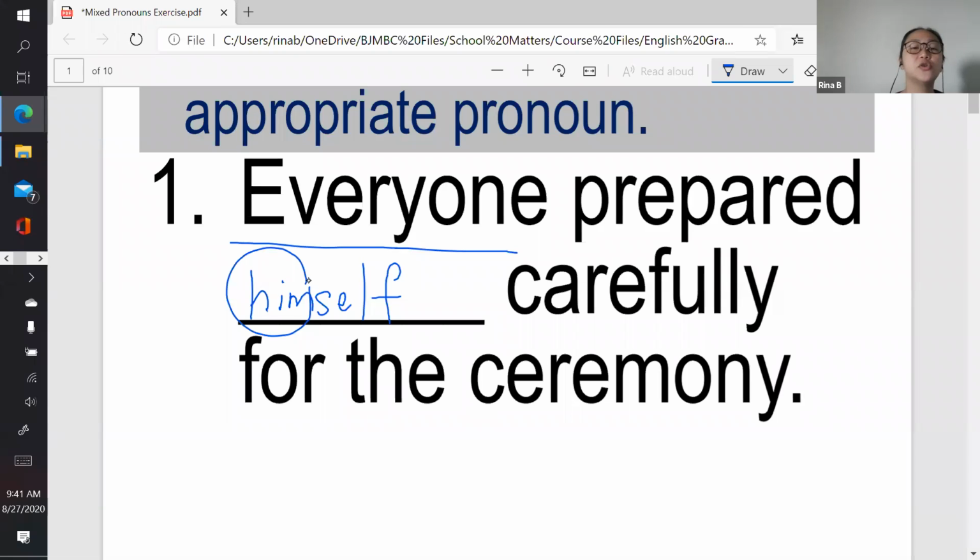So that's why this is the only answer in this question. Himself. It satisfies all of the rules. Singular antecedent, not sure in terms of the gender, and in the context, you needed the reflexive pronoun.